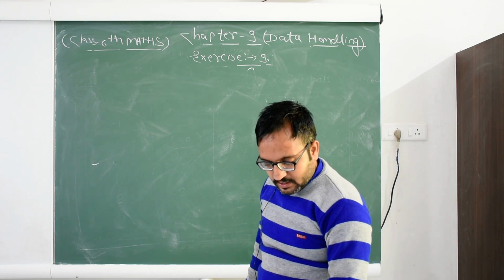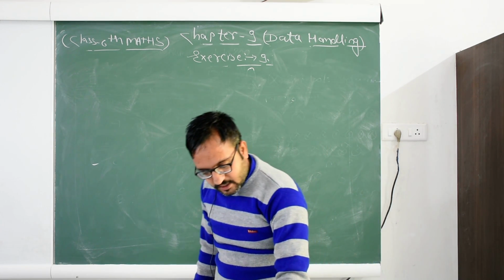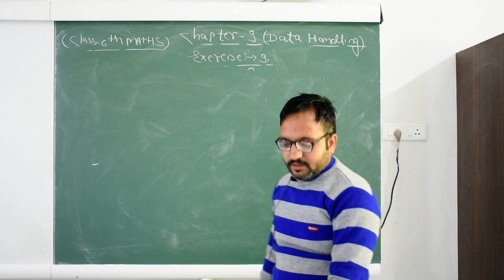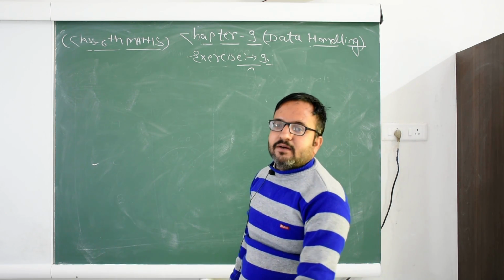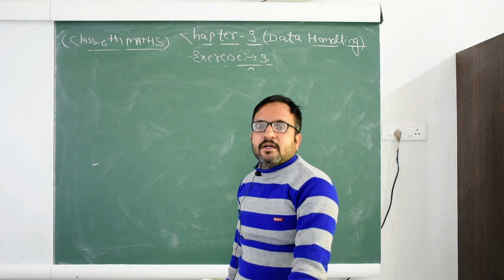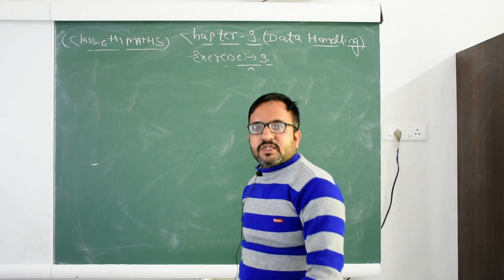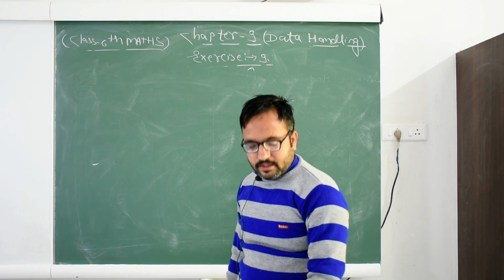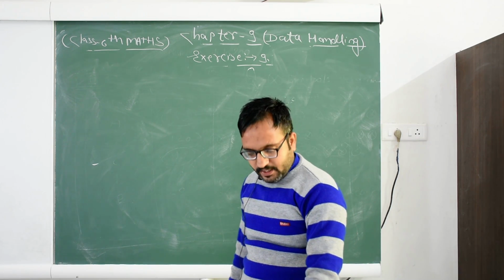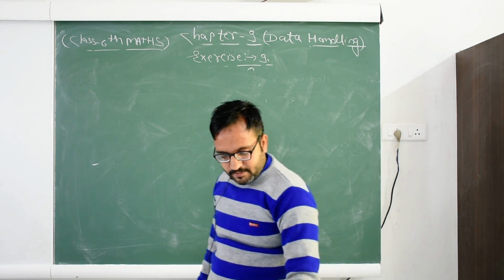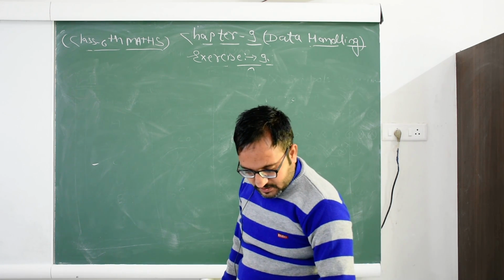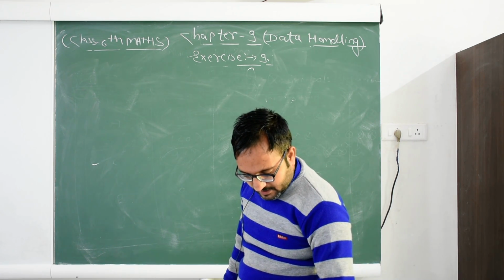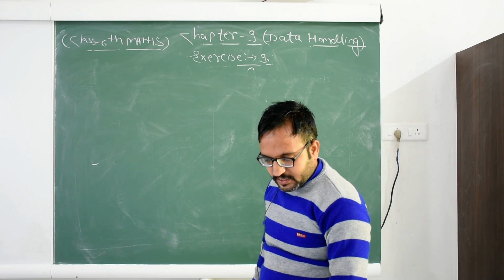Your first question is, what information does the above bar graph give? This bar graph gives the information about the sale of shirts on particular days.